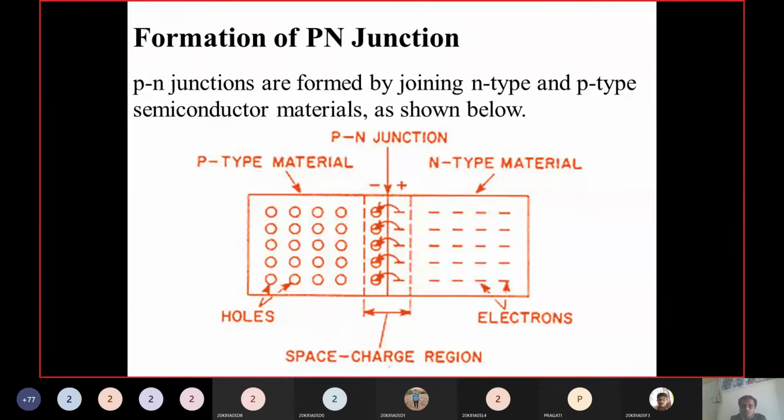Now while diffusing, what happened we will discuss. Electrons diffuse from here to here.